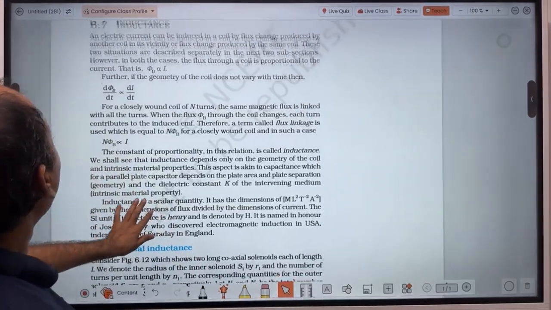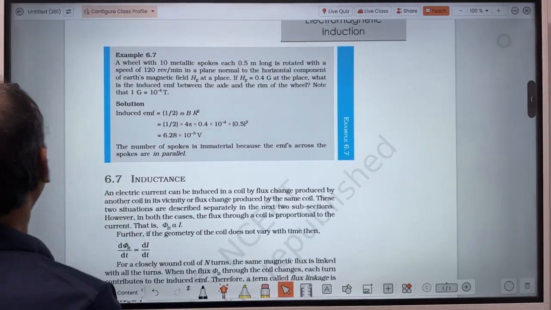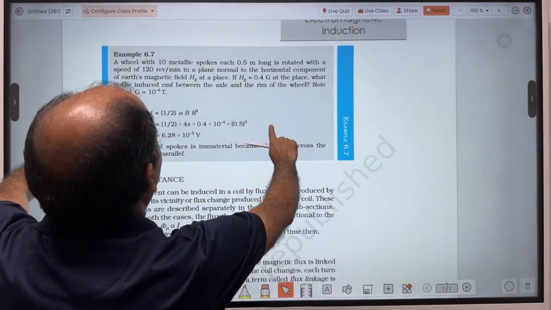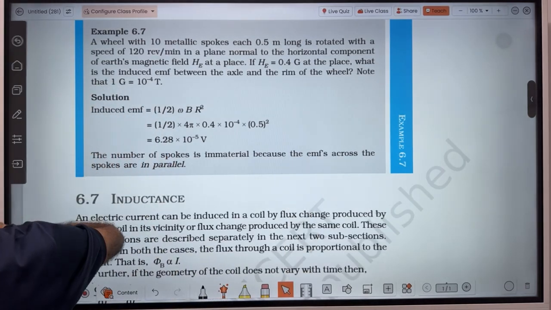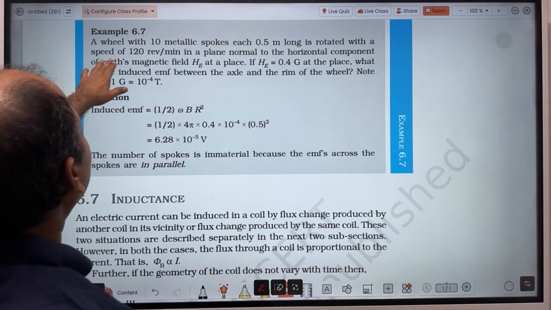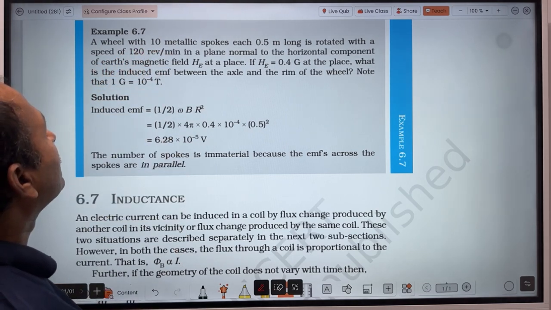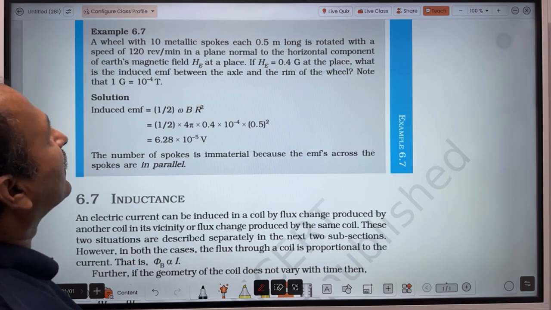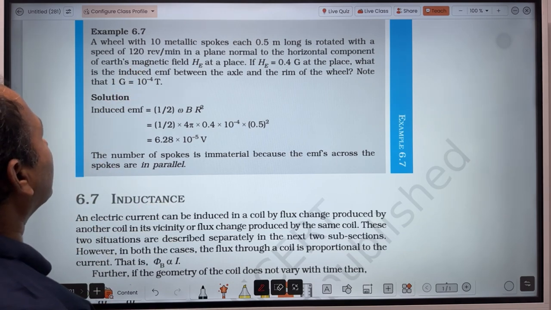Now there is another question in which the same formula is to be applied to get induced EMF. So the question says a wheel with 10 metallic spokes, each of 0.5 meter long, is rotated with a speed of 120 revolutions per minute.